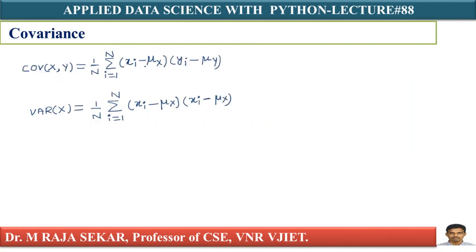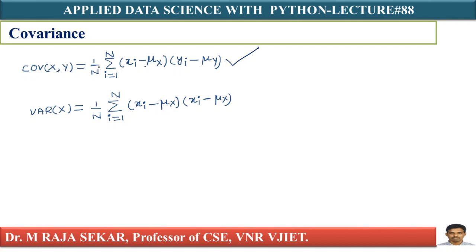I already discussed what is covariance in my previous lecture, that is in lecture number 87. If you write the formula for covariance, the formula is covariance of x comma y equals 1 by n.